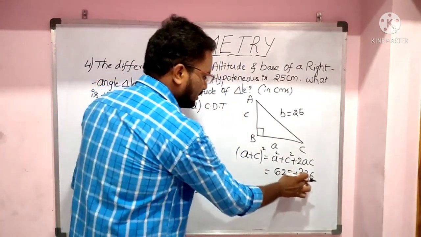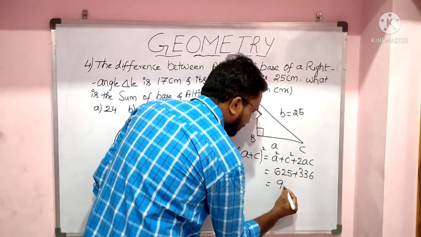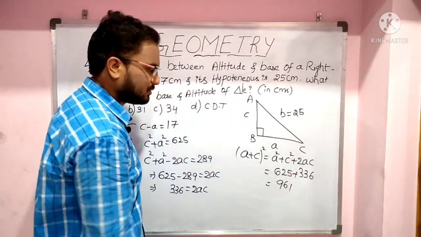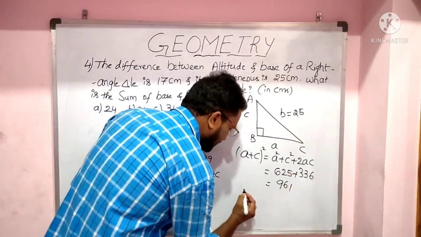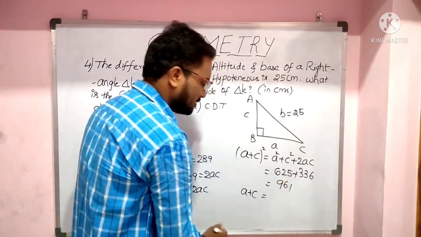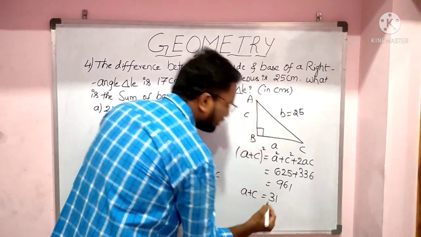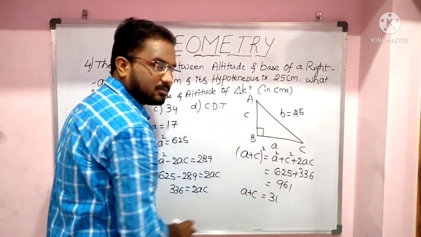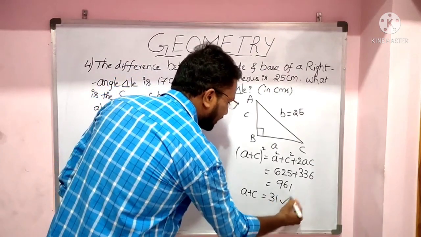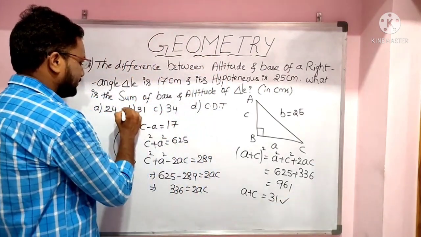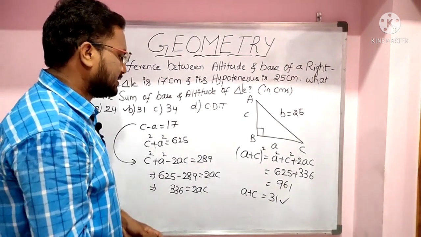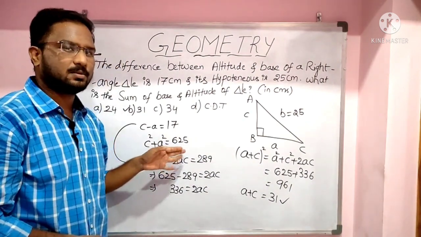So total 961. 600 plus 300 is 900, 36 plus 25 is 61. So a plus c equal to square root of 961. 31 square is 961, so square root of 961 is 31. So a plus c value is 31. So answer 31. So this is the general way of doing this problem.